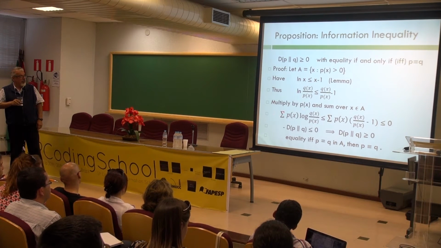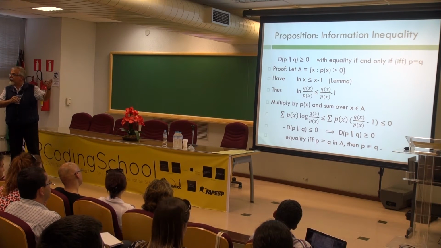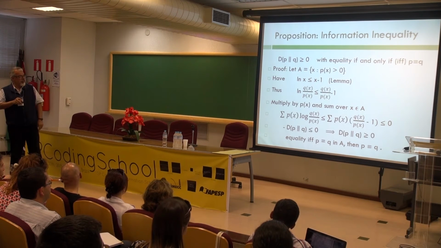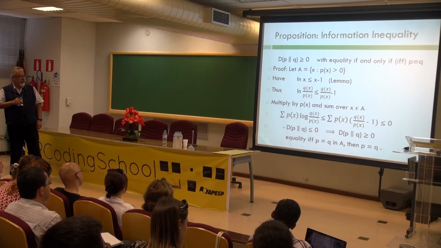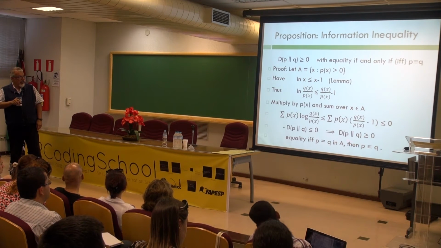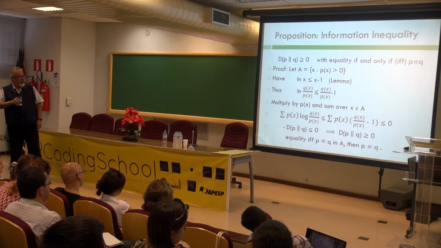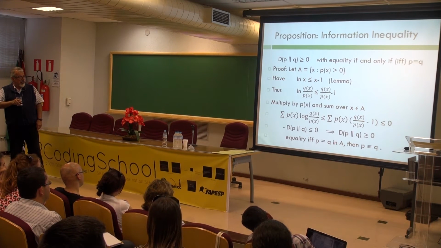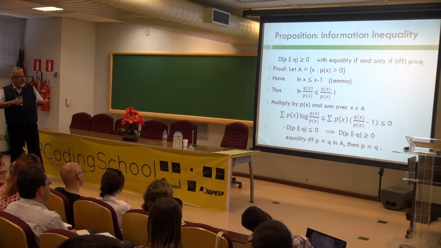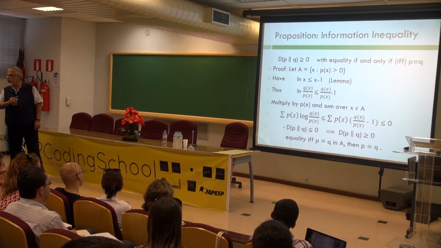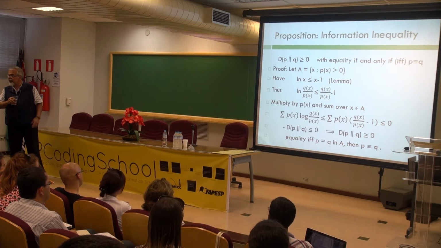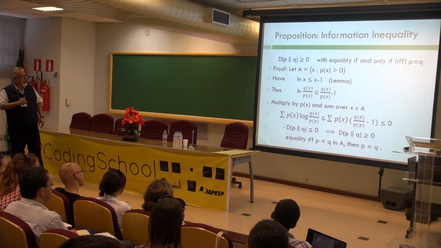And on the other side, what do I have? I have minus the divergence, because it's inverted here, right? So minus the divergence is smaller than 0. In other words, the divergence is non-negative. And the only way in which it can be 0 is if P and Q, in other words, I have here a ratio of 1 in A, but then if it's in such a way, then P has to be equal to Q everywhere. So it's a very simple proof.